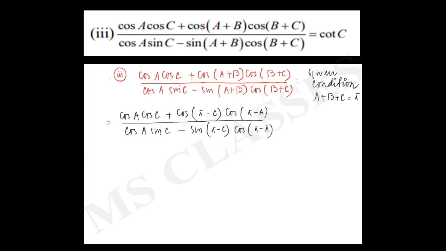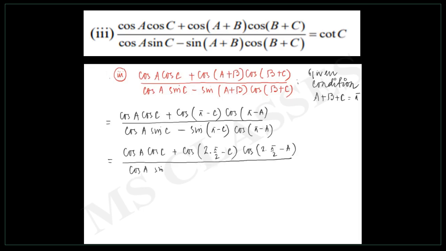Now this is cos a cos c plus cos. We can write 2 into pi by 2, because as I told you, always express in terms of pi by 2. Into cos (2 into pi by 2 minus a), whole divided by cos a sin c minus sine (2 into pi by 2 minus c) cos (2 into pi by 2 minus a).